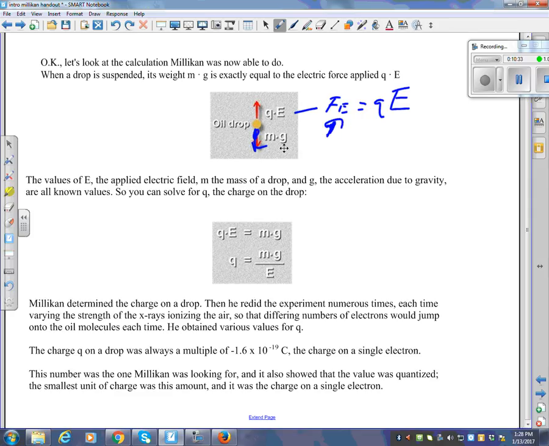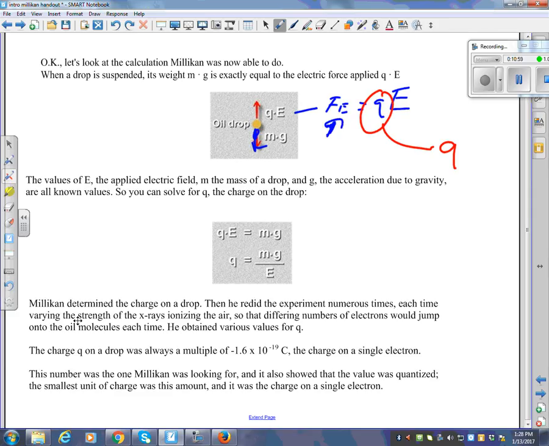It's the same as the weight force, and I know the electric field strength based on the voltage. I can figure out what this value of Q is. That's what he was trying to figure out. What are these charges? The values of E, the applied electric field, and m, the mass of the drop, and g, the acceleration due to gravity, are all known values, so you can solve for Q, the charge on the drop.